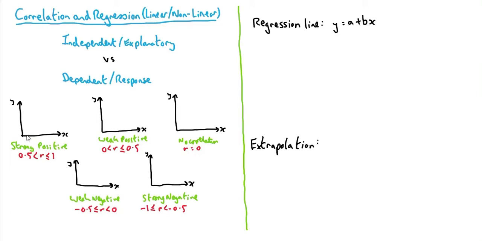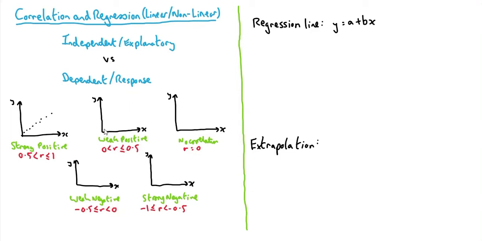If your data points are making somewhat of a straight line, it doesn't have to be 100% perfect, so long as it's very clear that they are making a straight line more or less from the bottom left at some point to the top right at some point, you could describe that as having a strong positive correlation.